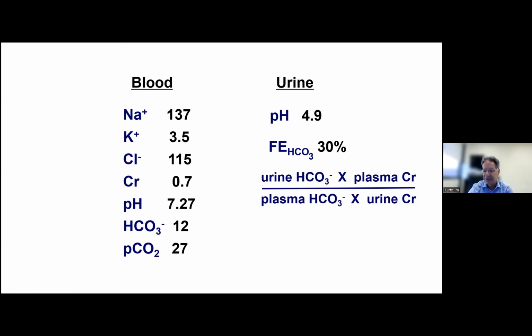You have to order it like that because they're not used to seeing urine gases. But be that as it may, you plug in either the calculated bicarbonate from the gases in the urine or the total CO2 from your chemistries that you've gotten from the urine. And you'll get this number when you multiply by 100%. And as I said, normally it should be 1% or less.